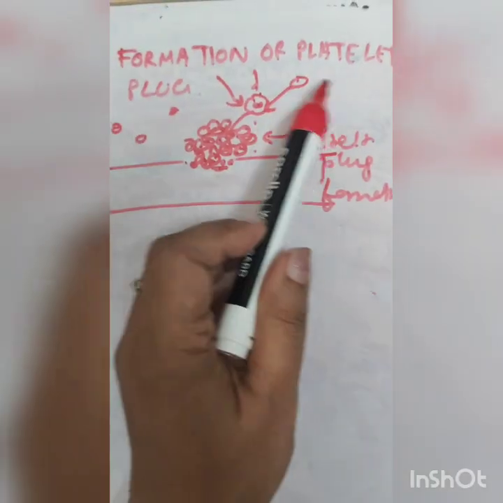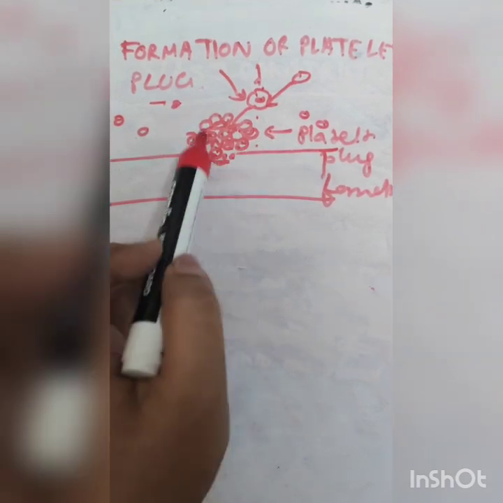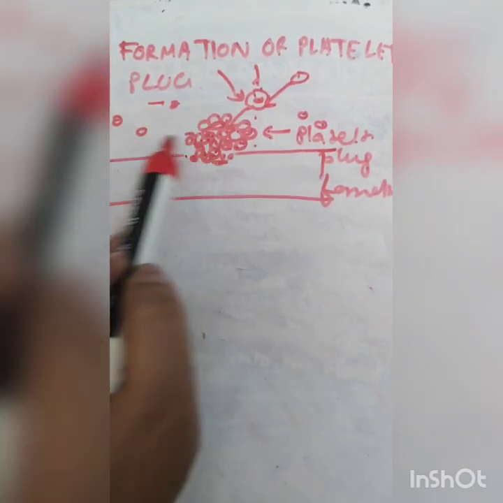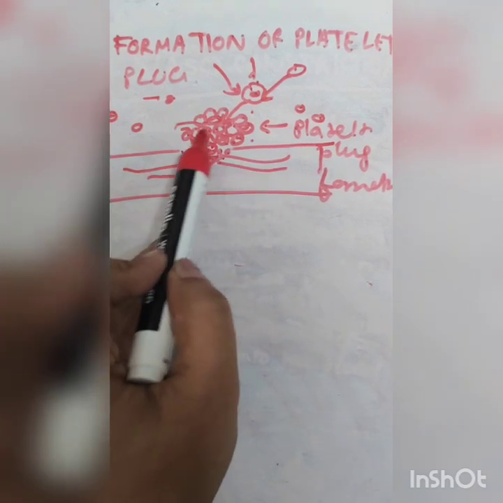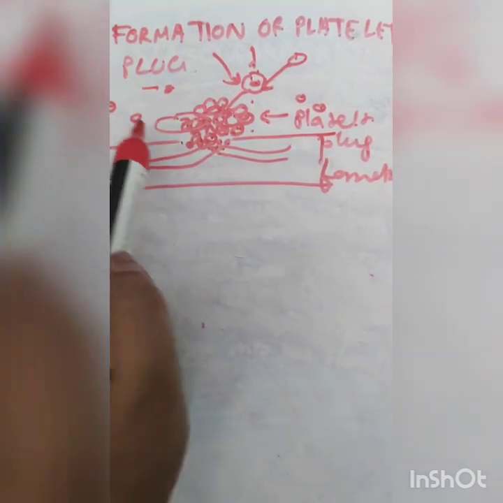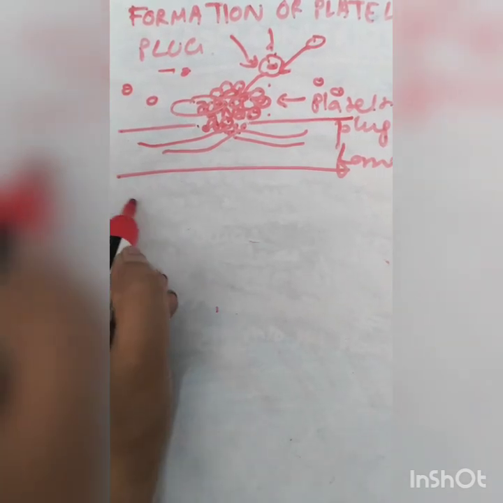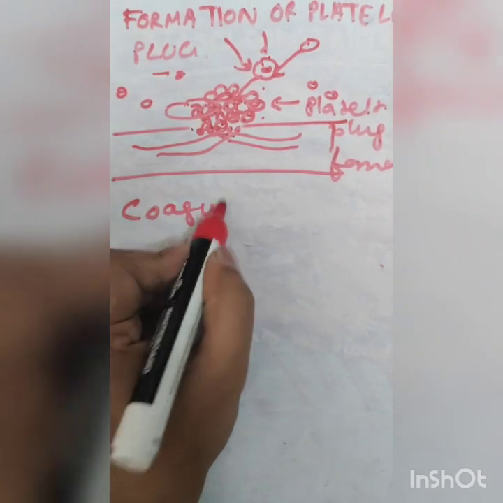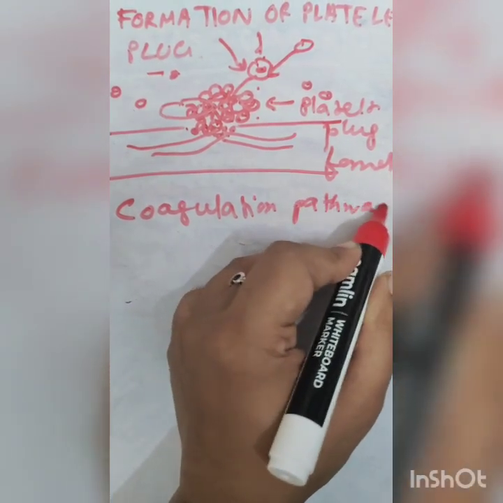Now we have a platelet plug, but this platelet plug is not strong enough to hold on to all the blood that might ooze out. So a clot formation is very necessary. So you might have heard of the coagulation pathway, which is very important from the exam point of view.